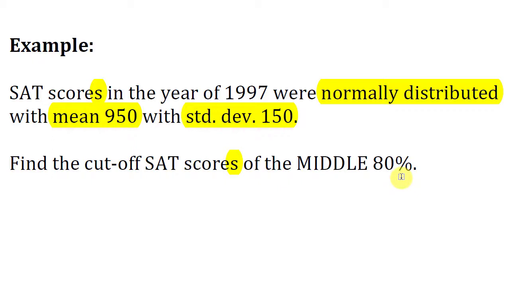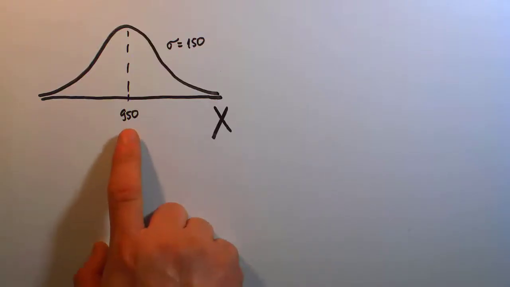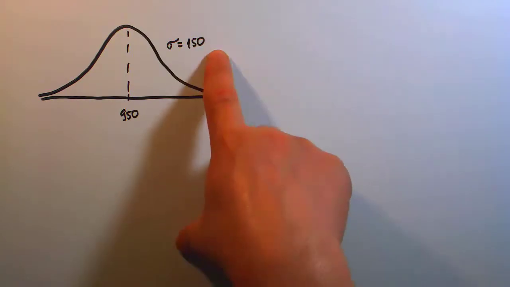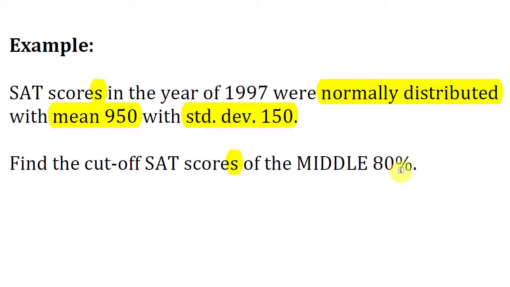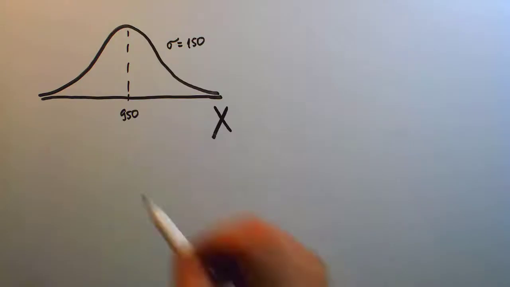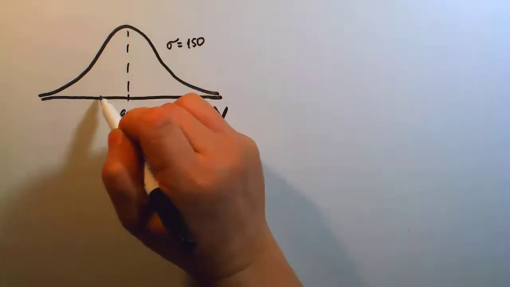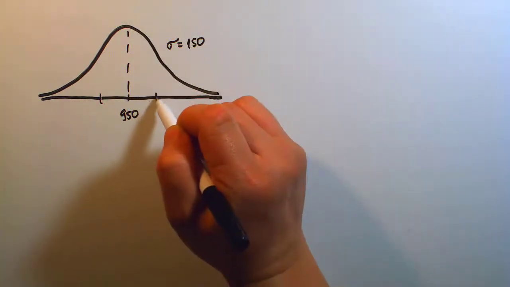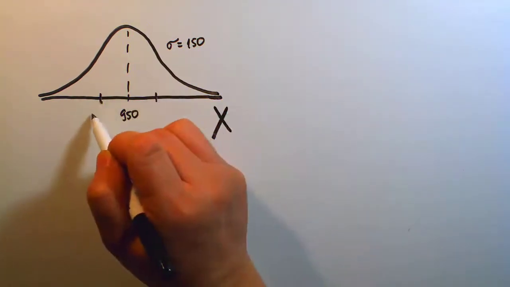So on our bell curve for the general normal distribution, center at 950 and standard deviation 150 here. Now the middle 80% is to indicate that around this center, we don't need to be too worried about how big precisely is 80%, but around that center there will be two cutoffs.